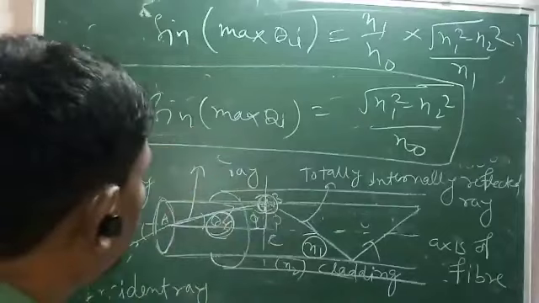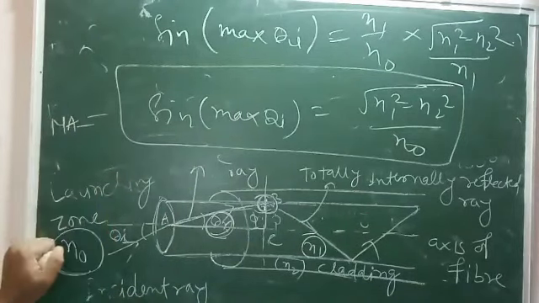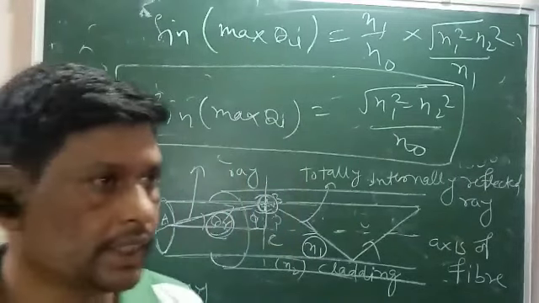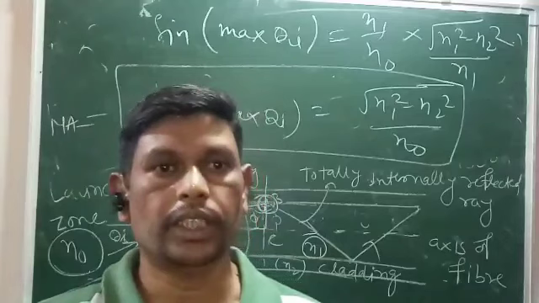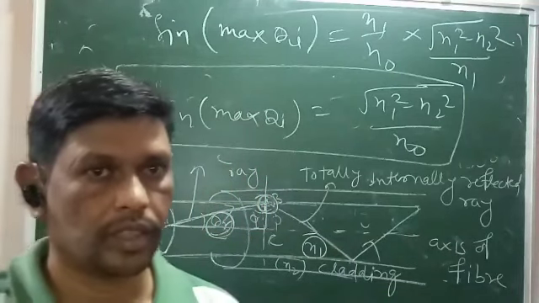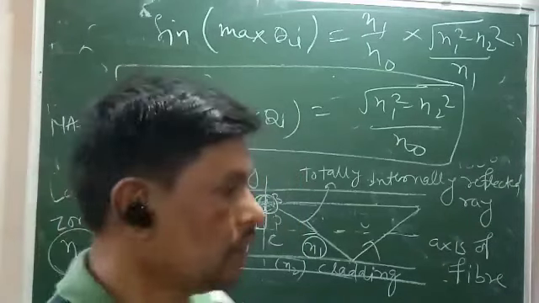So sin of maximum theta i is called the numerical aperture. The numerical aperture can be defined as the maximum acceptance angle of the fiber.